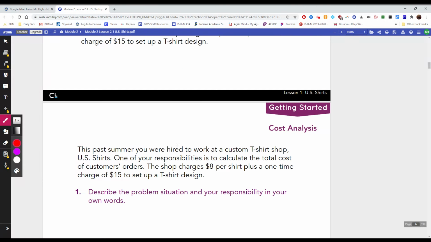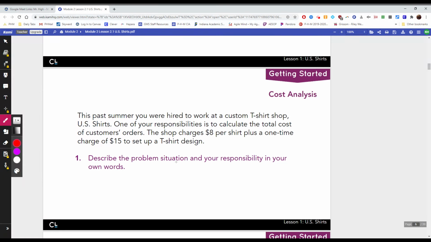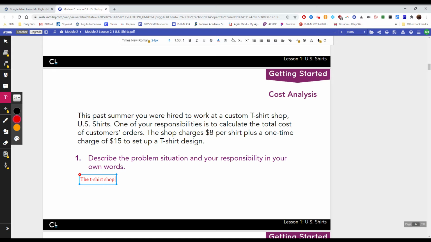So the first thing that we are asked to do is describe the problem situation and your responsibility in your own words. So we're just summarizing the problem first. So the t-shirt shop charges $8 per shirt and a one-time setup fee of $15.